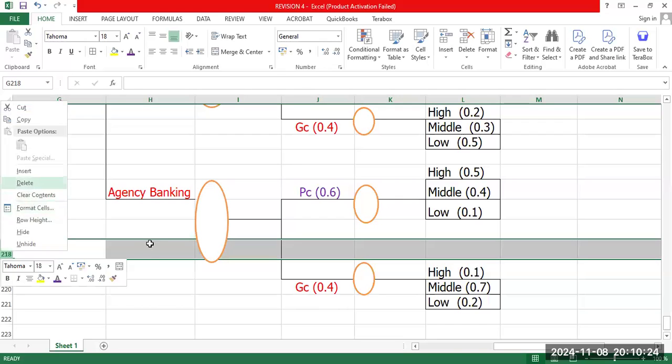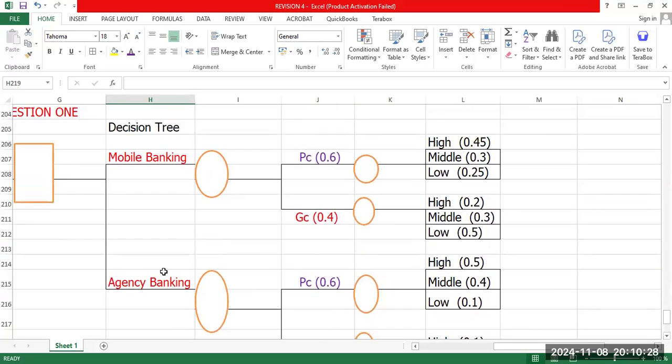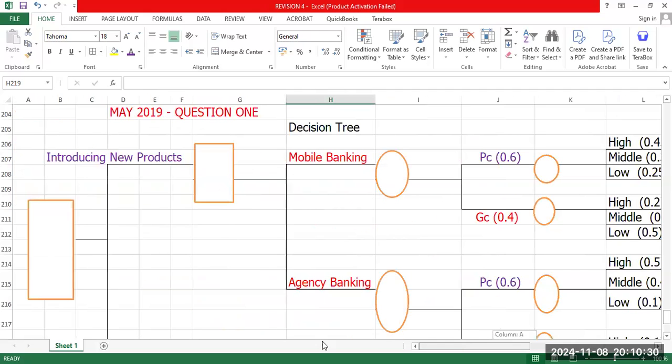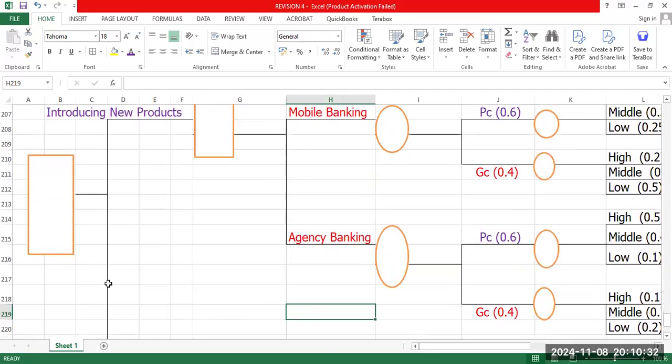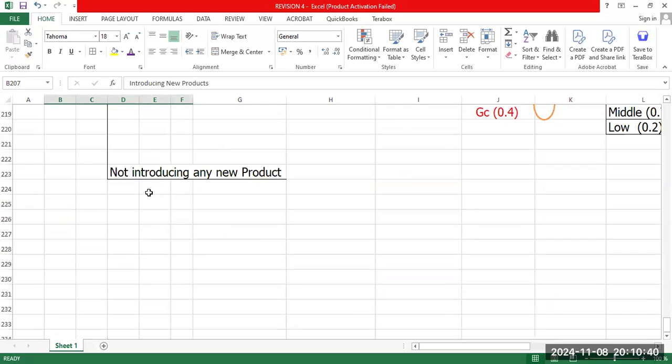Perfect. We are here, starting from this end. Are you seeing how we are moving? We have the option of introducing the product, and the option of not introducing the product.